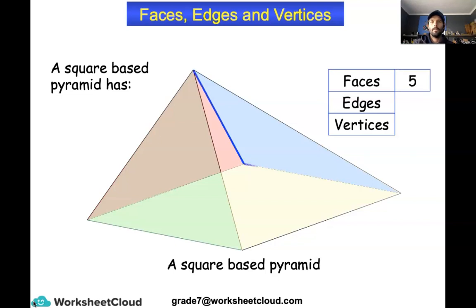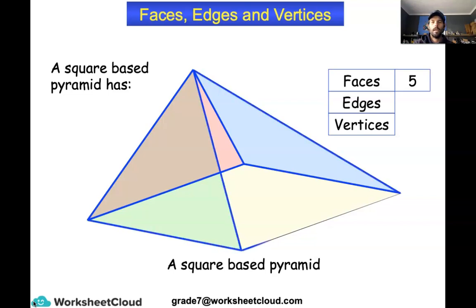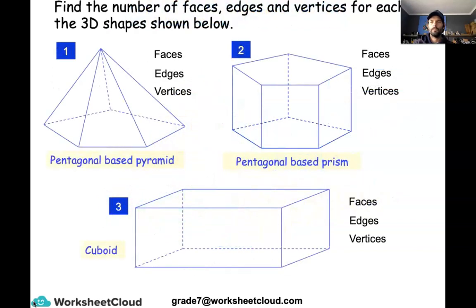Edges are 1, 2, 3, 4, 5, 6, 7, and 8. Okay, so nicely identified there for you. And vertices are 5. Okay, so that is a square-based pyramid.